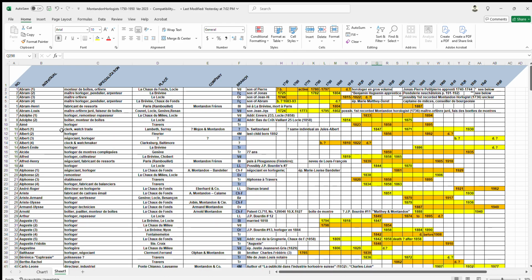So we might see someone listed as both a watchmaker or a specialist in watchmaking of some variety, and cultivateur, somebody who's raising crops or animals, etc. So we have to remember that there were multiple streams of revenue for a family.